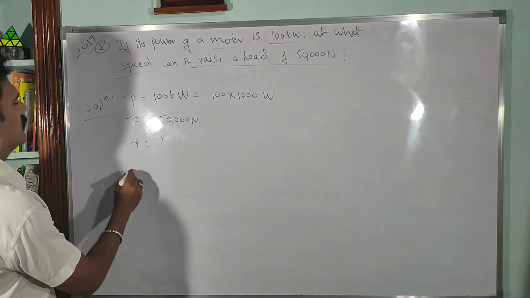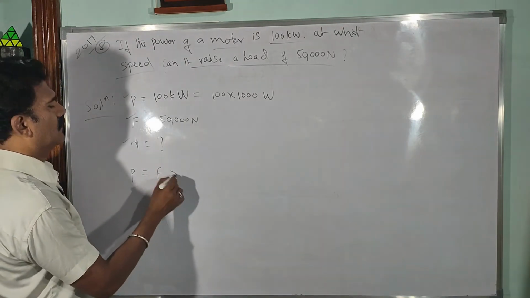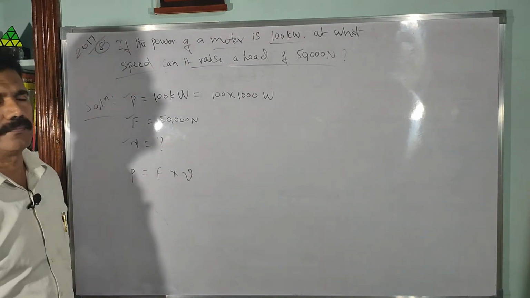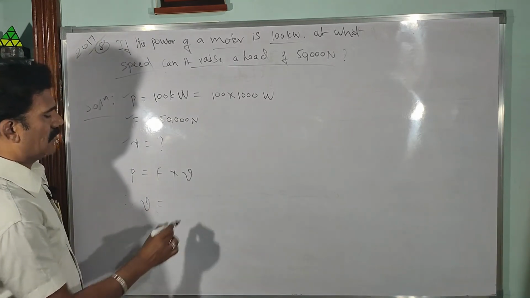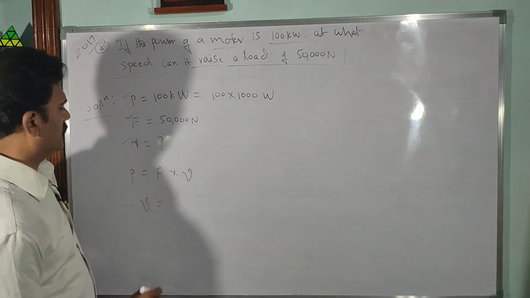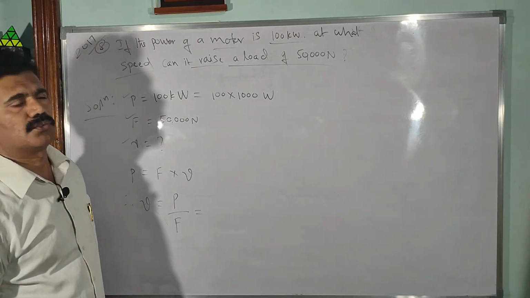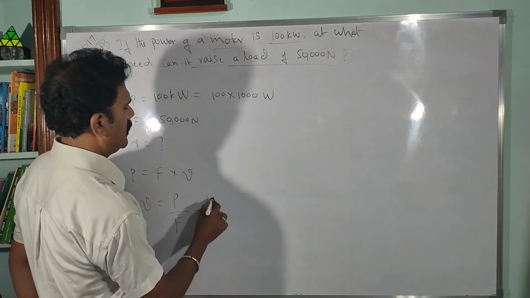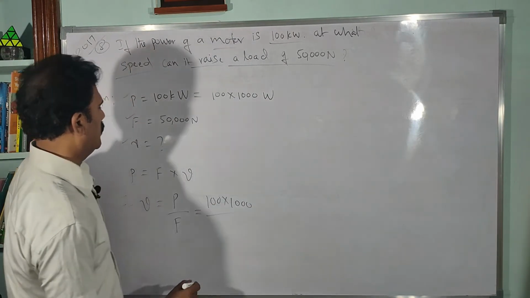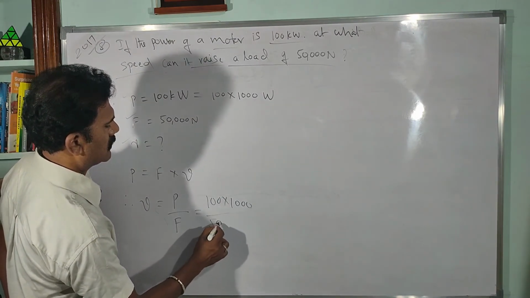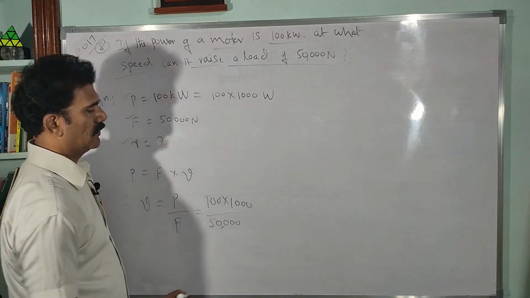As I told already, the equation for power is equal to force into speed, V. So simple again. By cross multiplication, V is equal to P divided by F. Substitute the values. P is equal to 100 into 1000 divided by force, which is nothing but the load here, equal to 50,000 Newton.